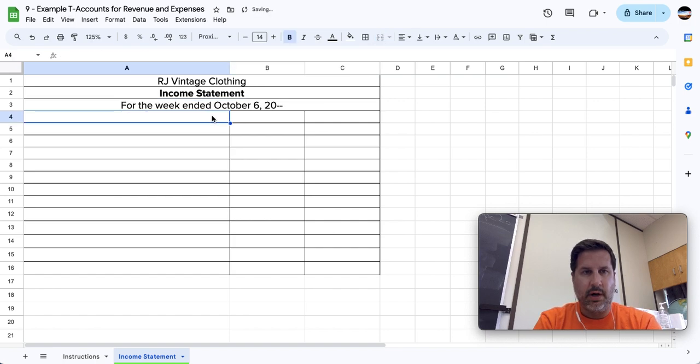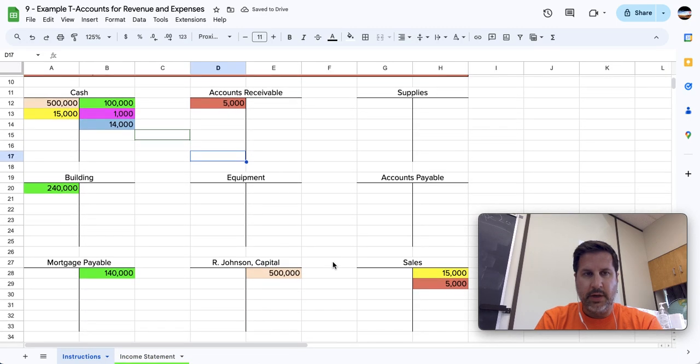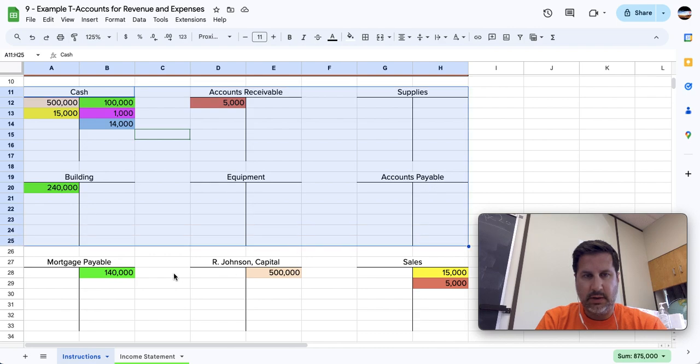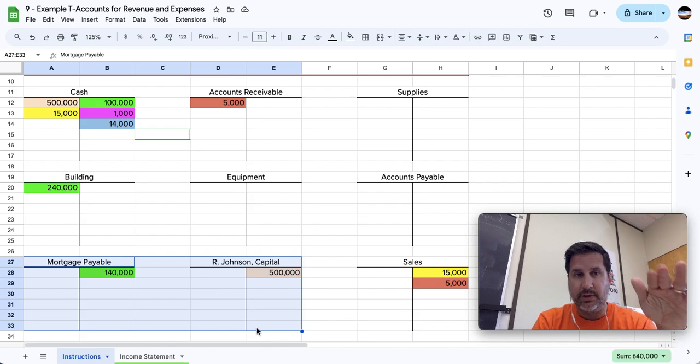We are going to put our revenues first. Note we're not going to do any of these accounts here because they belong on the balance sheet. So when we do a balance sheet, that will go to the balance sheet.